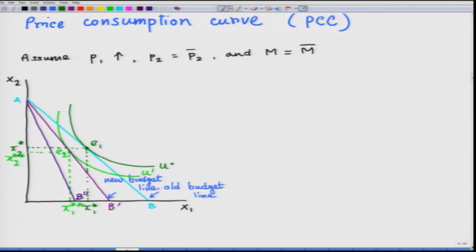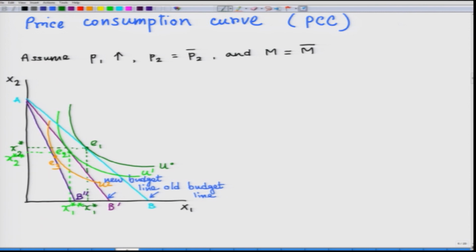So, we are expecting another tangency point with an indifference curve and this new budget line, something like this. We can say this is utility level 2, and here is where the new equilibrium is, equilibrium E3.